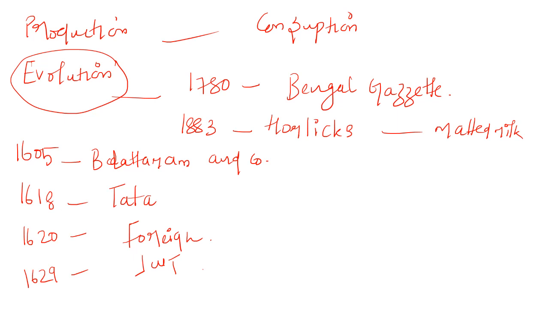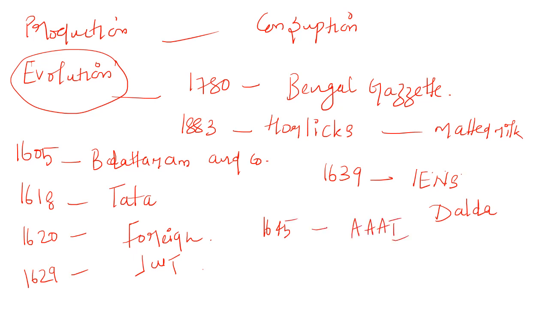I will send you the notes, so don't worry. 1939, Indian and Eastern Newspaper Society, that is IENS, was founded. Lintas advertising agency was started and they launched Dalda, the first major example of branding. And after 1945, Advertising Agencies Association of India, that is AAAI, was started.